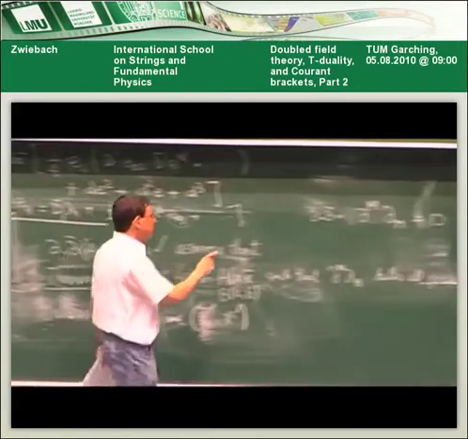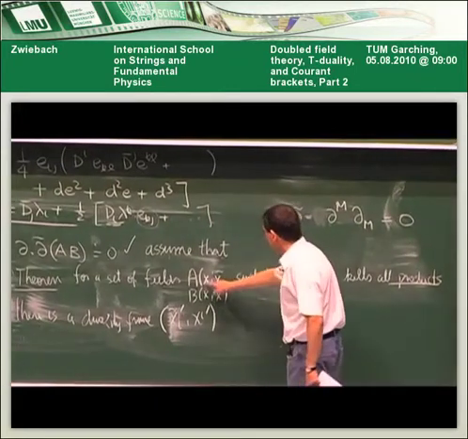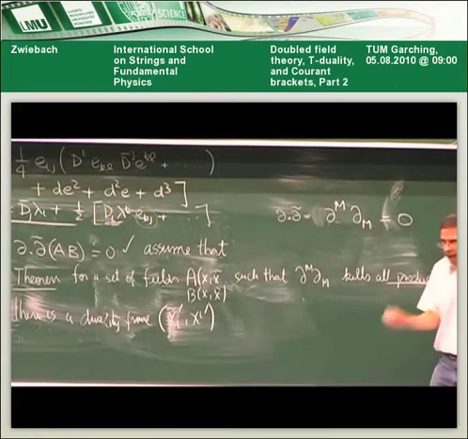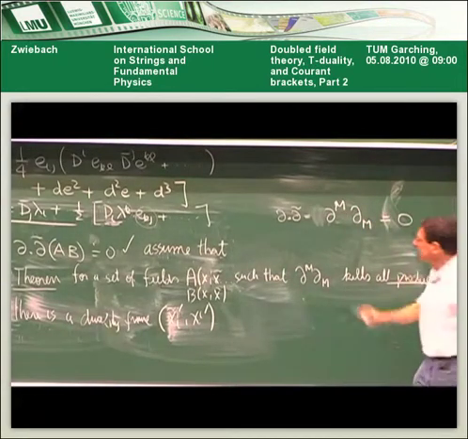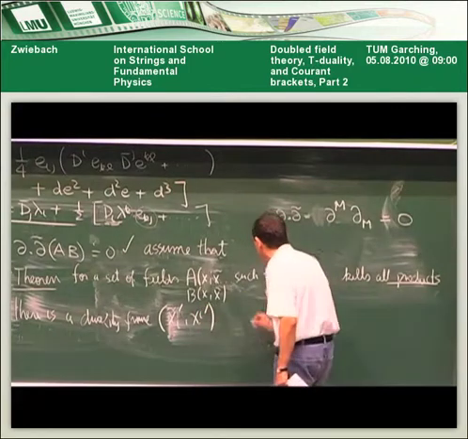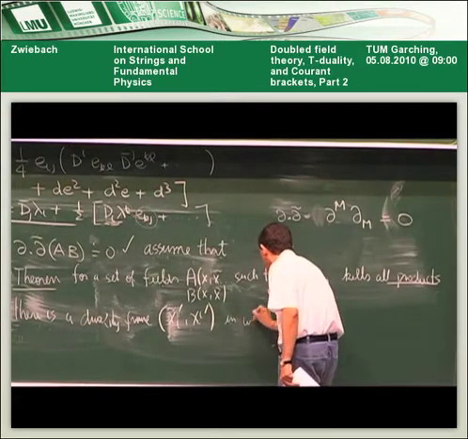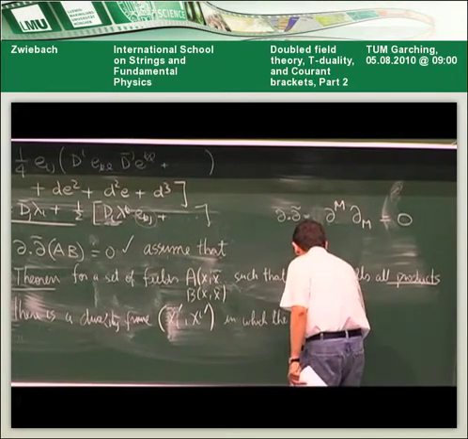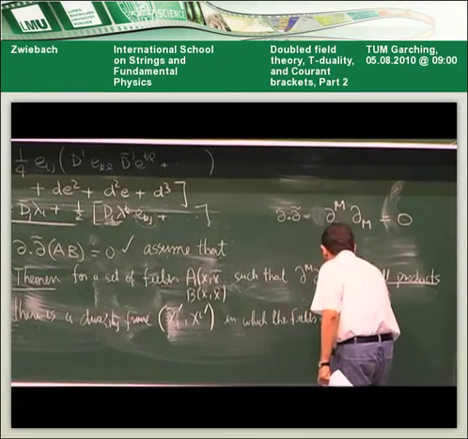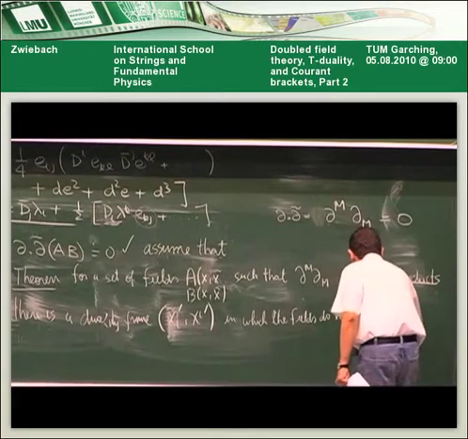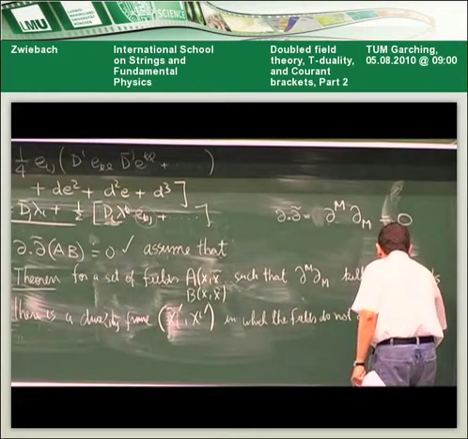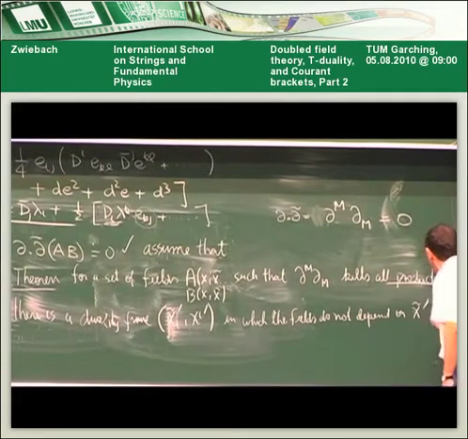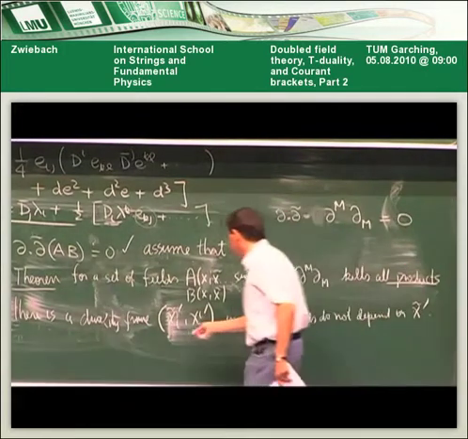If you have fields that depend on x and x tilde, such that all products are killed, in fact, there is a duality frame in which the fields do not depend on x tilde prime. They just depend on x prime.